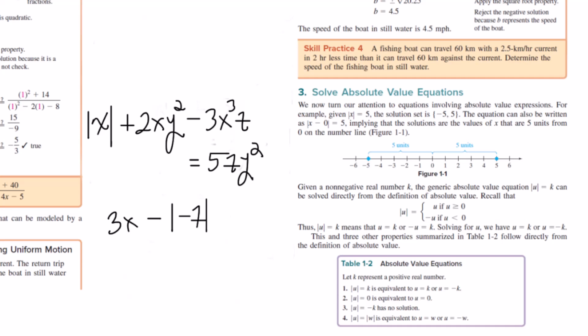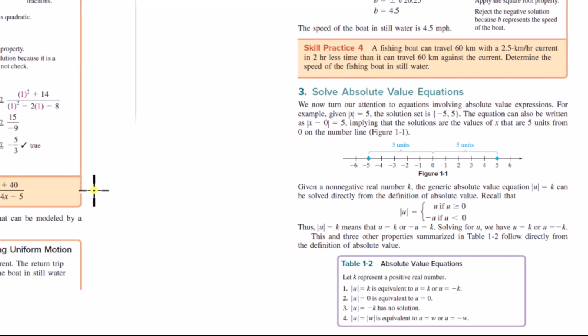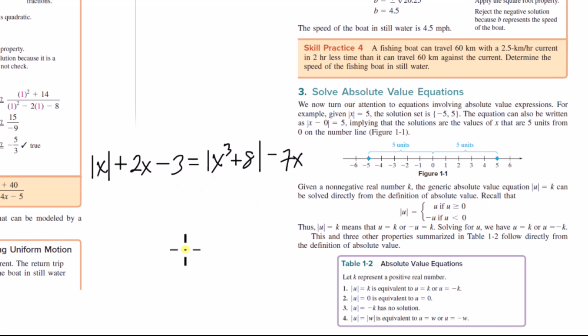All right, so how do you solve absolute value equations? To solve any kind of absolute value equation, let's look at an absolute value equation in one variable here. Minus 3 is equal to... The first thing you're going to do is simplify the equation as much as possible.